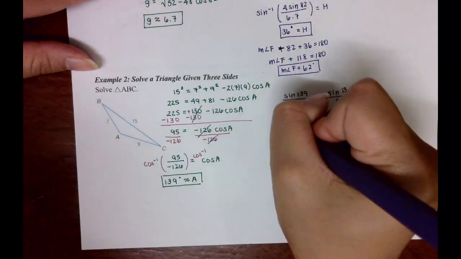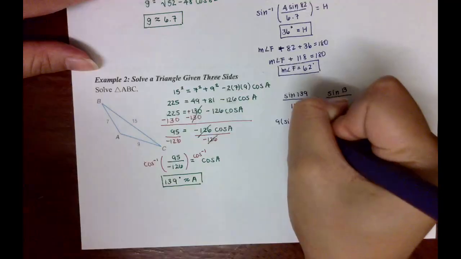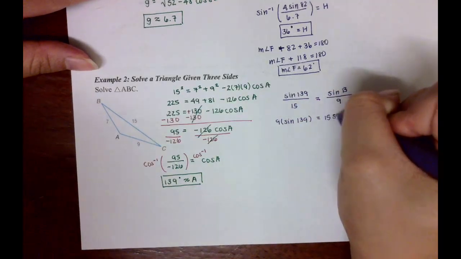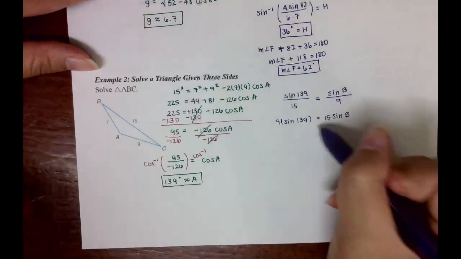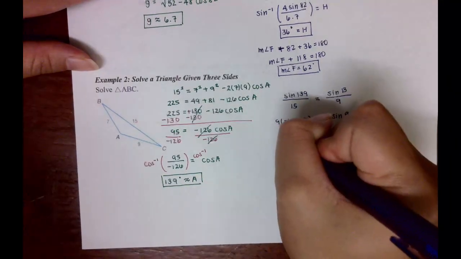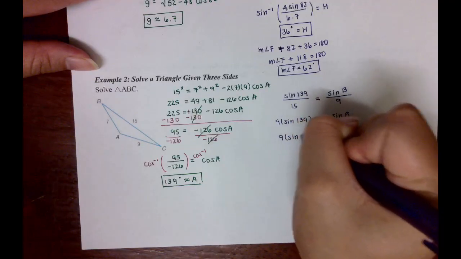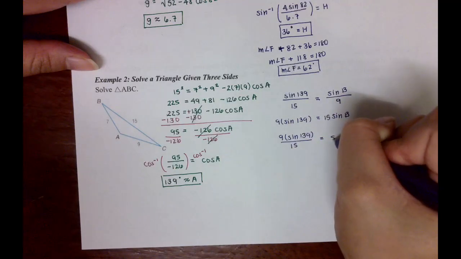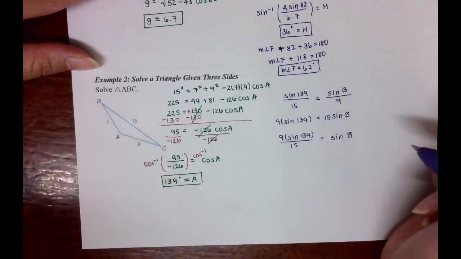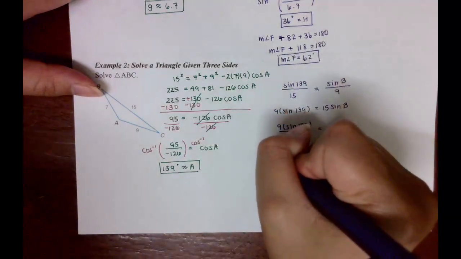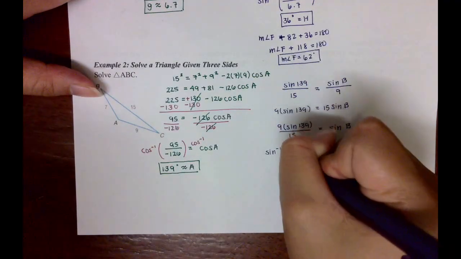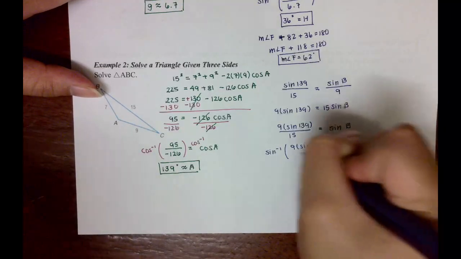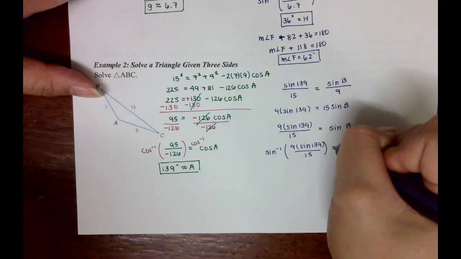Cross multiply, so this is 9 times sine 139 equals 15 times sine B. Going to get rid of the times 15 by dividing by 15. So 9 times sine 139 divided by 15 equals sine B. Okay. Going to get rid of the sine operation by doing sine inverse of both sides. So sine inverse of 9 times sine 139 over 15 equals B.